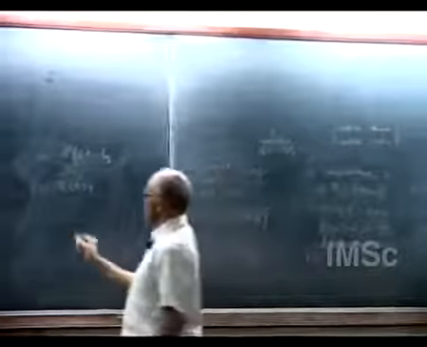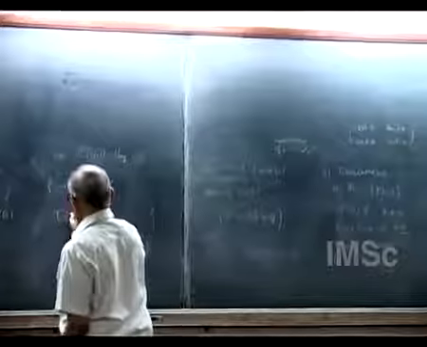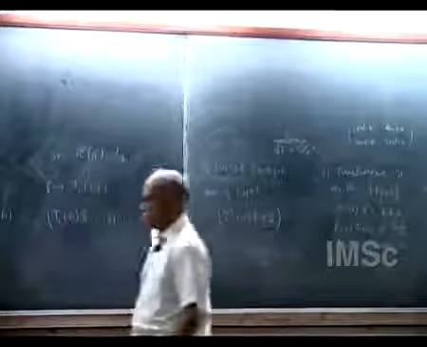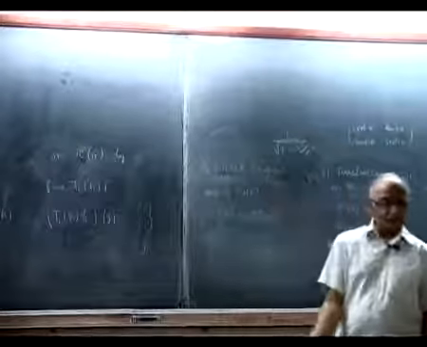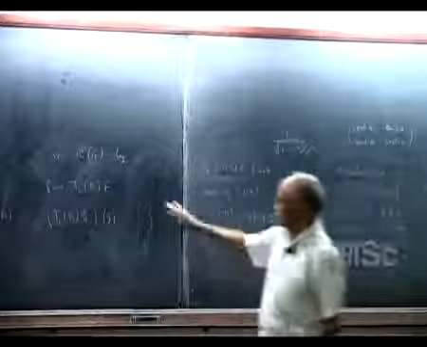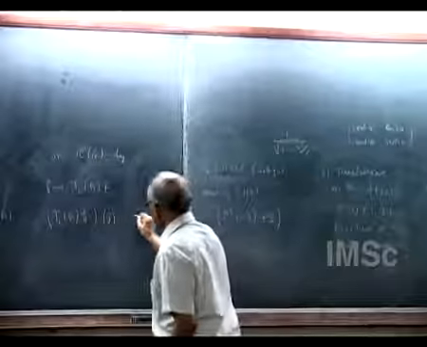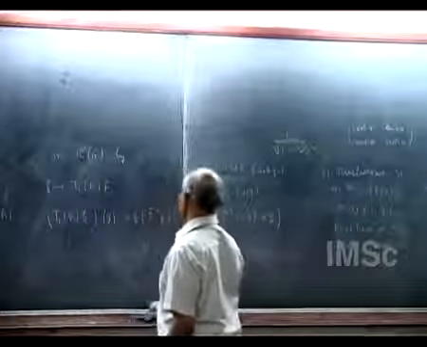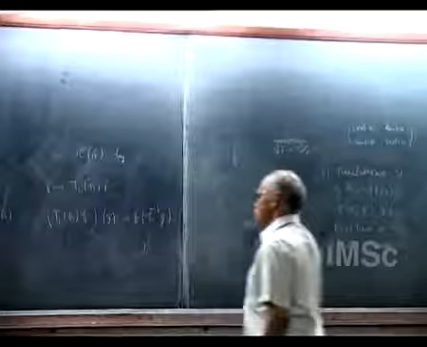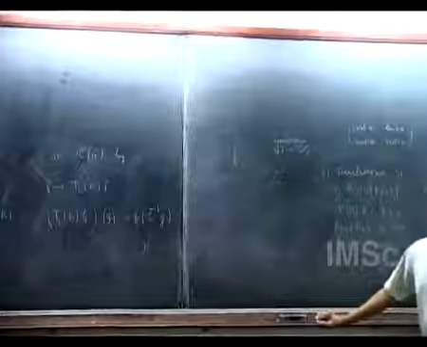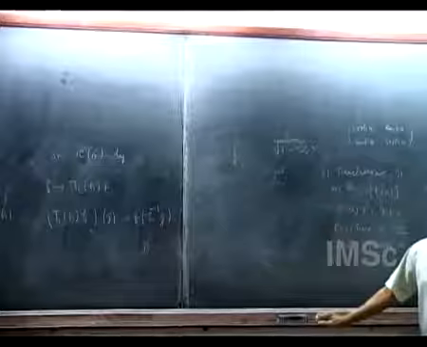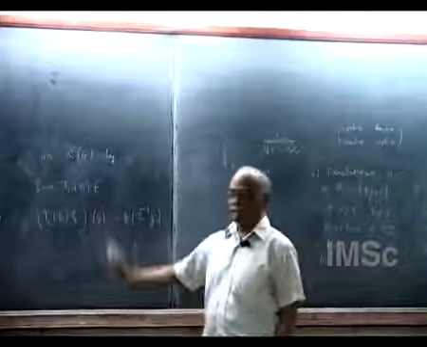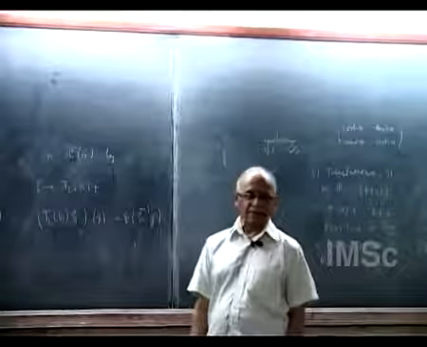I will set TL of H f at a point G. It is defined by saying f of H inverse G. This inverse is important, otherwise you will get some funny, undesirable properties of this TL.